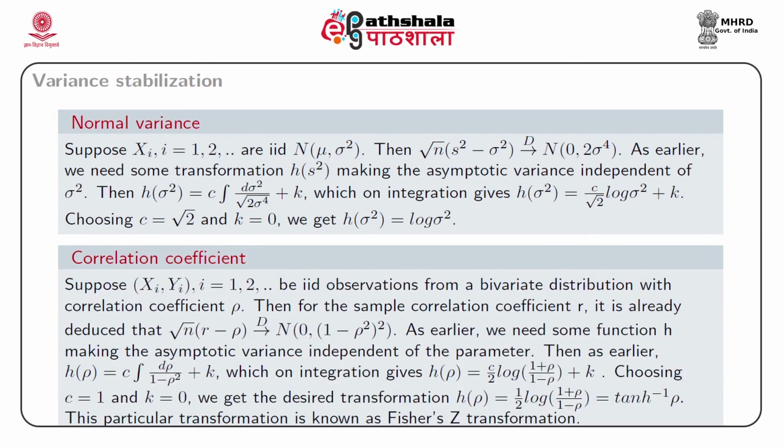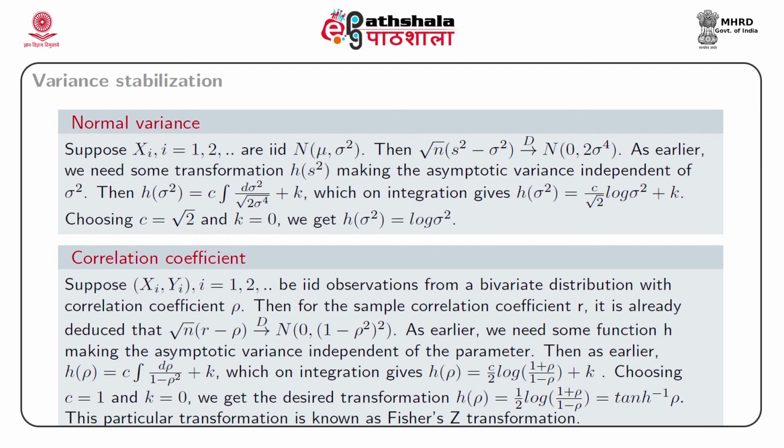We have already derived that for bivariate distributions with correlation coefficient rho, and if in particular the bivariate distribution is bivariate normal, then for sample correlation coefficient r, square root of n (r minus rho) converges in distribution to a normal distribution with variance (1 minus rho square) whole square.